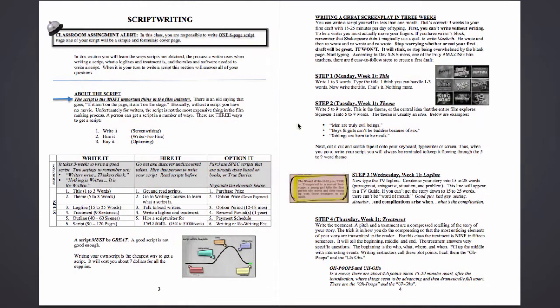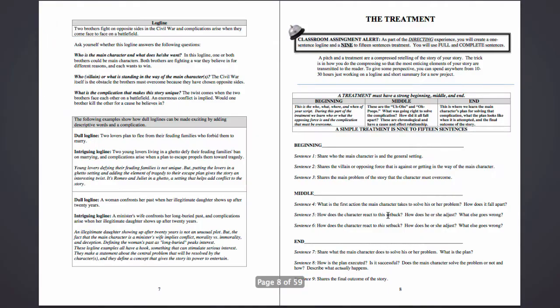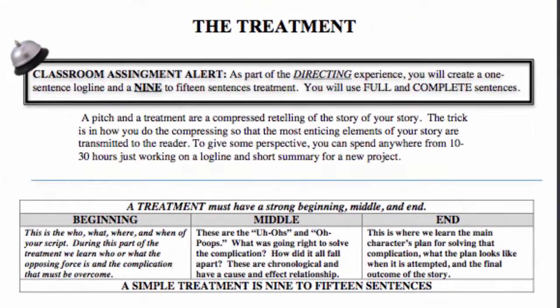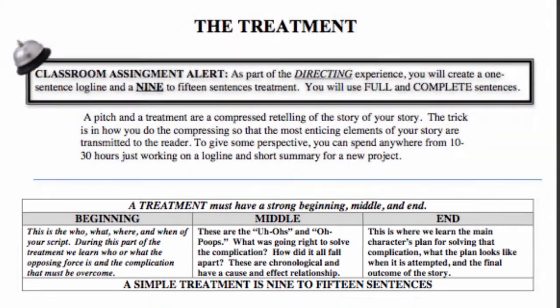As we said in our last video, you should write a logline and a treatment. The treatment is sort of the essay form of your script, the document that will lead you through the process from scene to scene to scene.